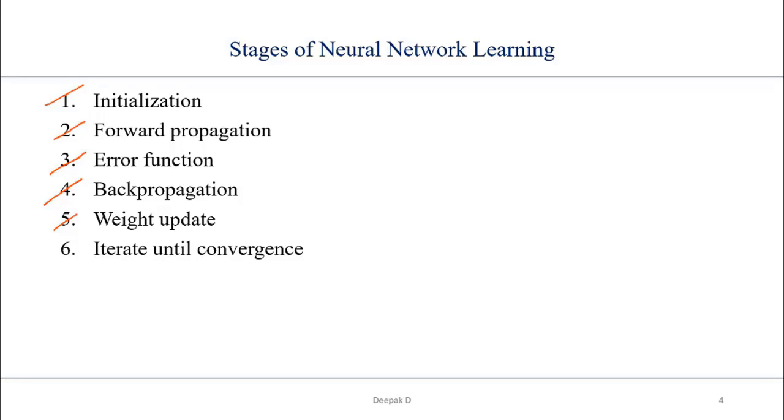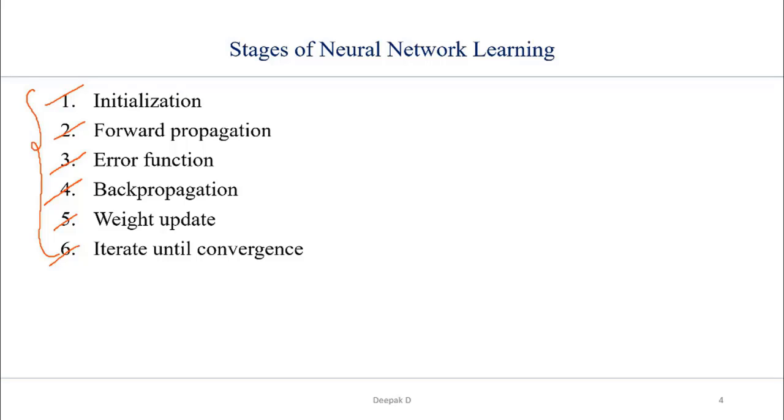At the end of this process, the model is ready to make predictions for unknown input data. New data can be fed to the model, a forward pass is performed, and the model generates its predictions. These are the 6 stages of neural network learning.